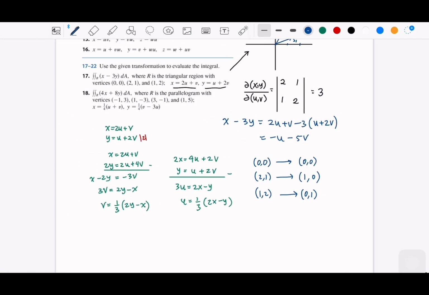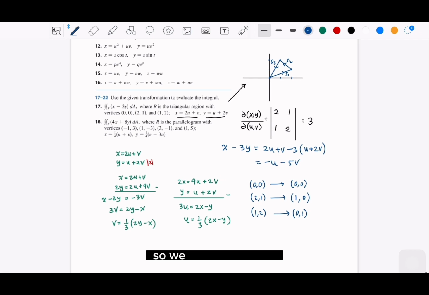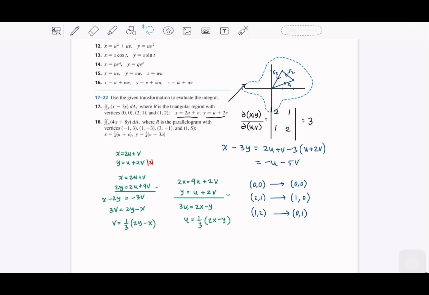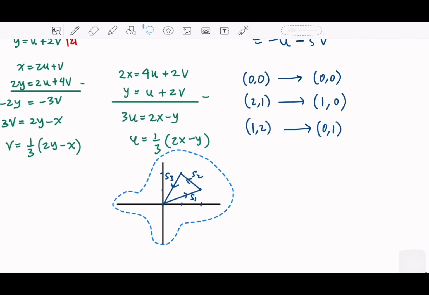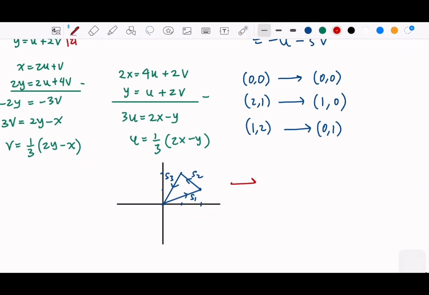Okay. So we could transform this. 0, 0, 1, 0, and 0, 1. So here S1, S2, S3.